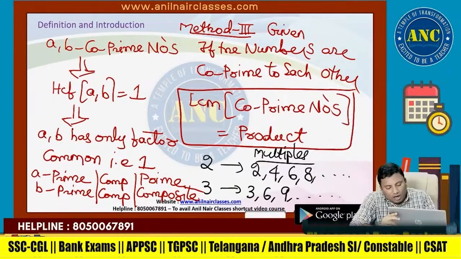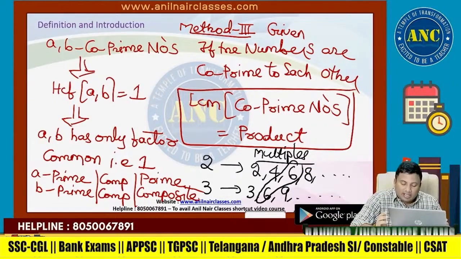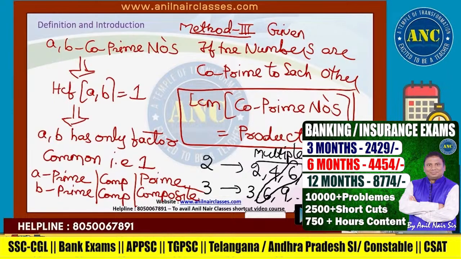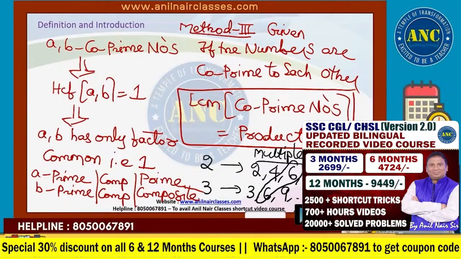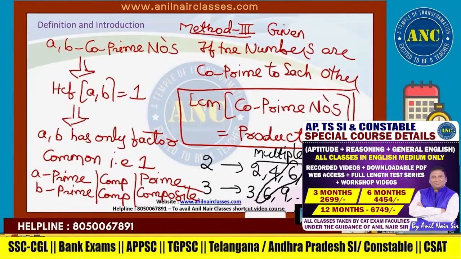What is the lowest value where they are meeting? It is 6. So what is the LCM of 2 and 3? LCM of 2 and 3 is 6, which is nothing but their product. LCM of co-prime numbers will always be their product.